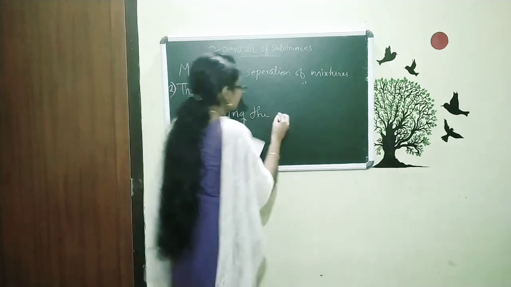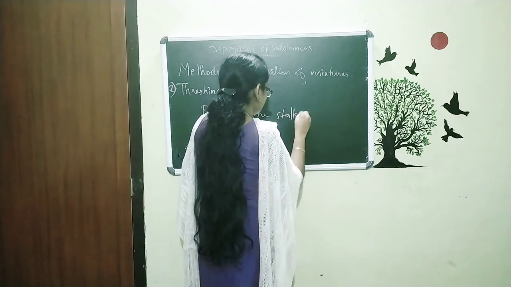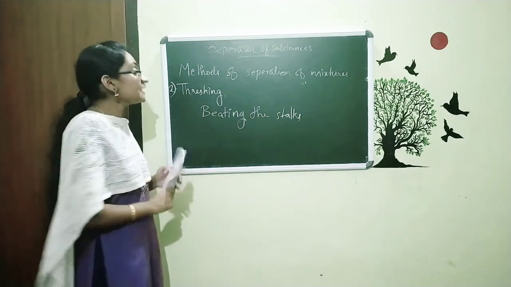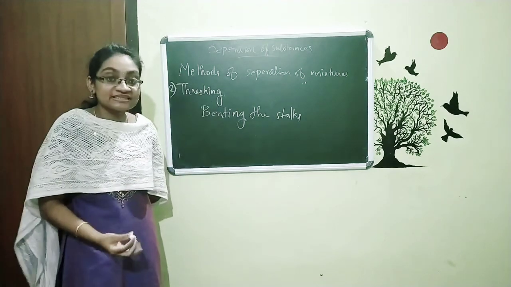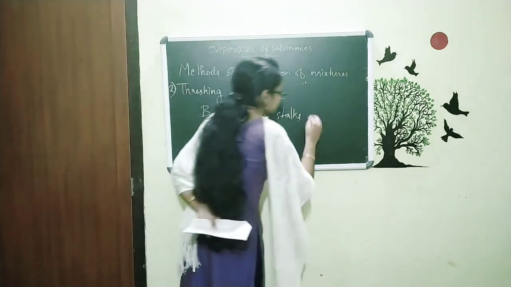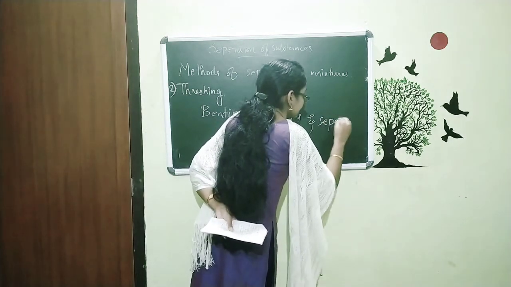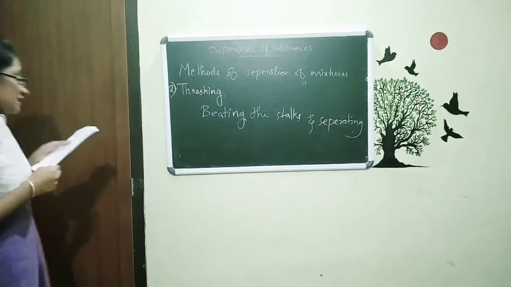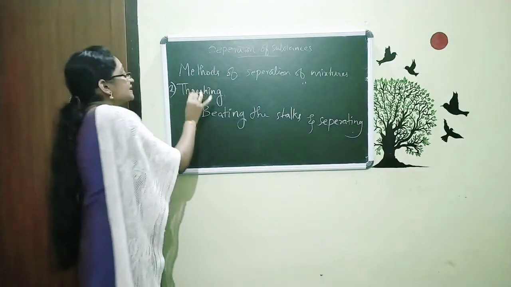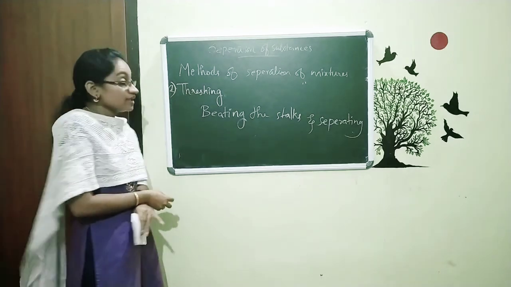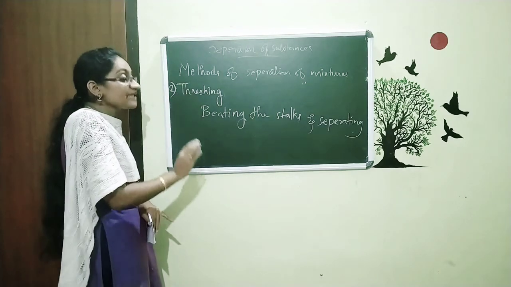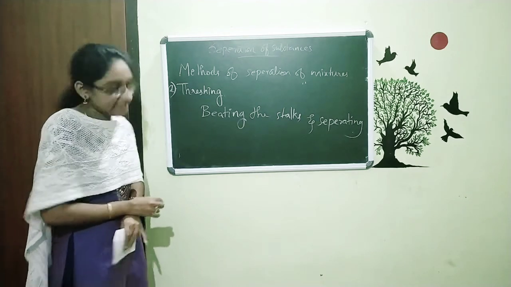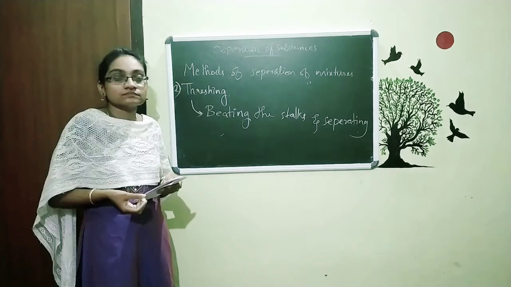That means we are just beating the stalks and separating the grains. In threshing, we are separating the stalks from the grains by beating them continuously. This is about the threshing.